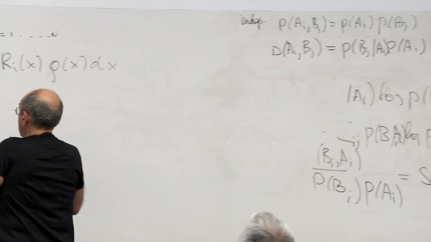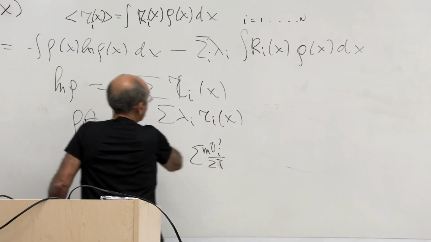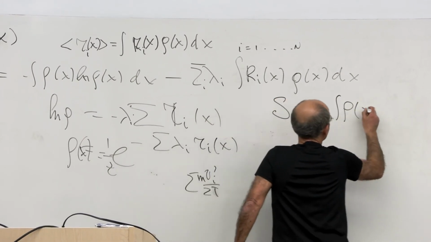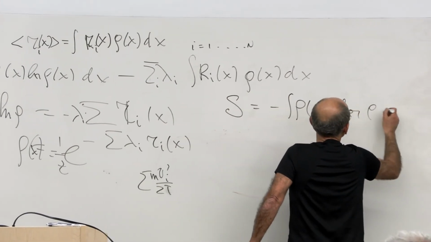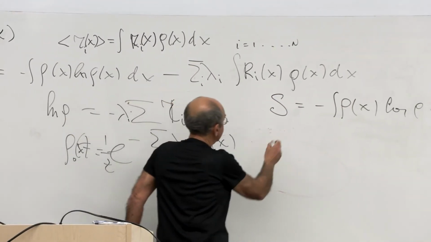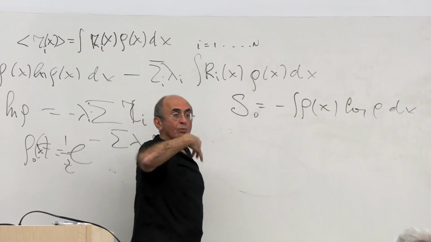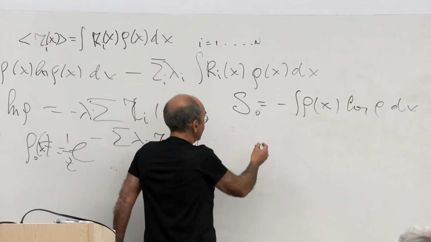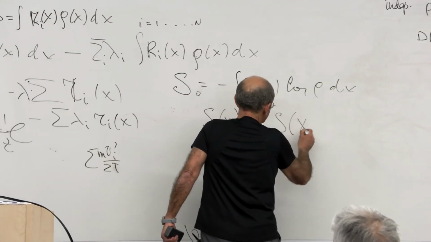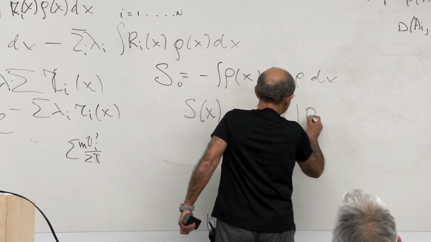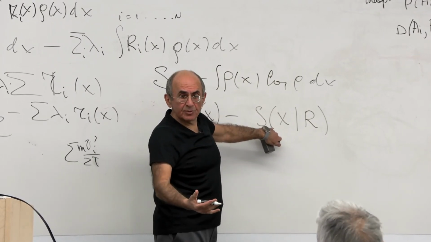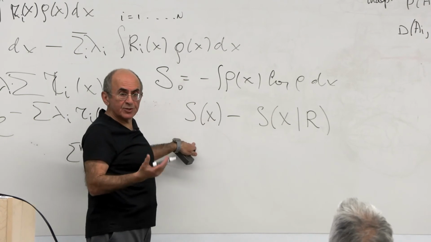So for this distribution, you compute the entropy, which is minus the integral of rho of x log rho dx. Let's call it S naught. And you do another measurement. So now you would be lowering your entropy. This is after you did a measurement, and this was before you did a measurement.